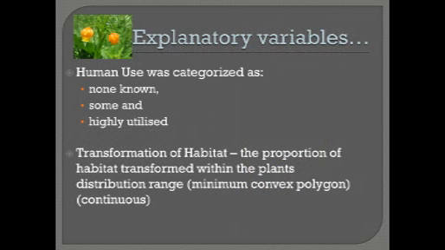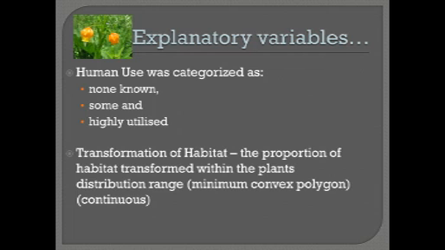Human use was taken from the literature: none known, some, and highly utilized plants. And transformation of habitat was the proportion of transformed habitat within the plant's distributional range, or its minimum convex polygon.